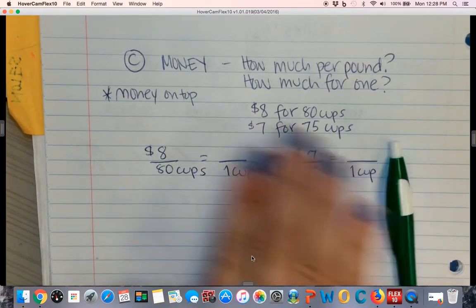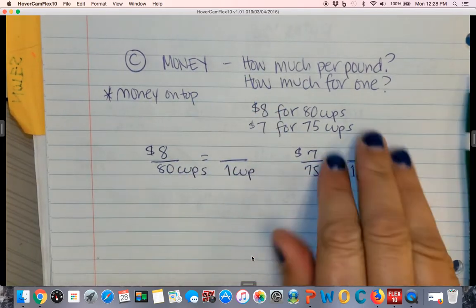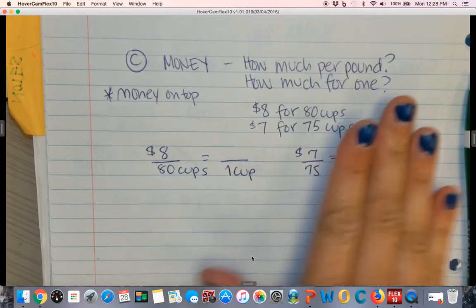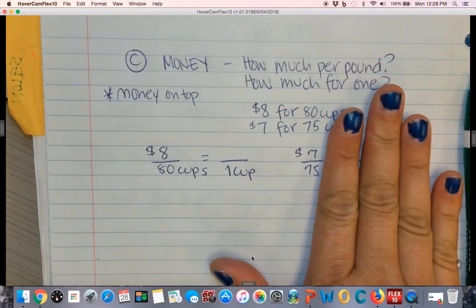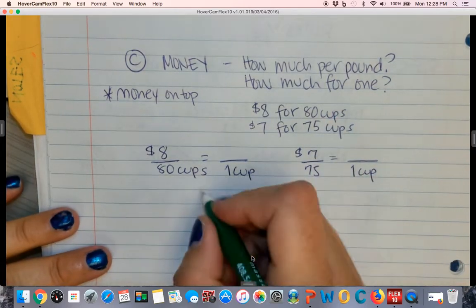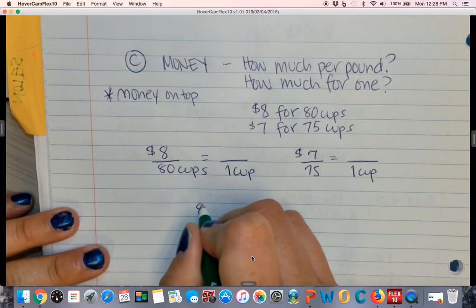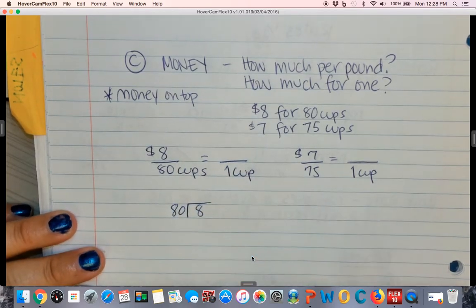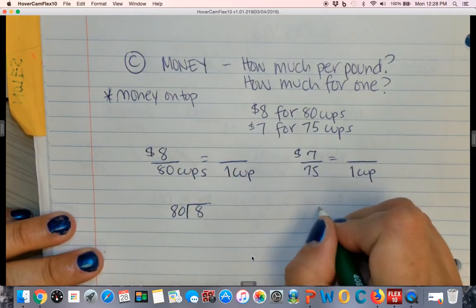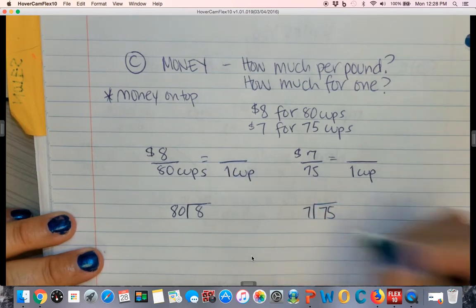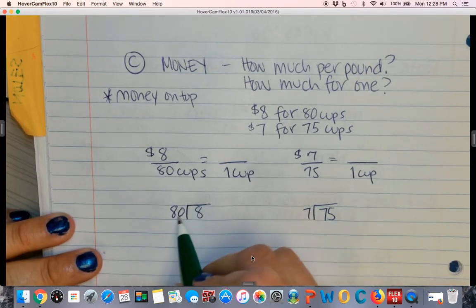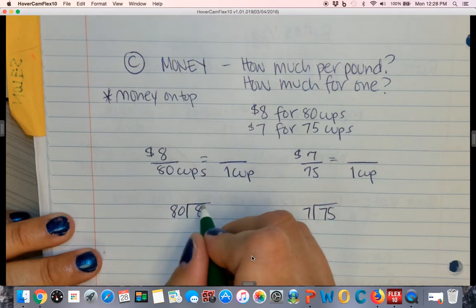And if I look at it this way, it just becomes a division problem. The top dog goes into the house. So 8 divided by 80, 7 divided by 75. 80 doesn't go into 8.